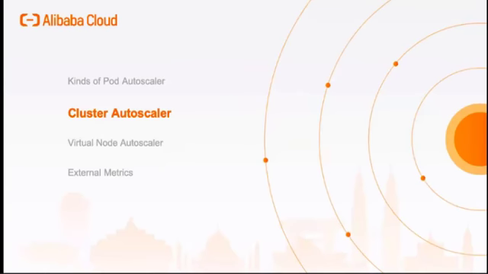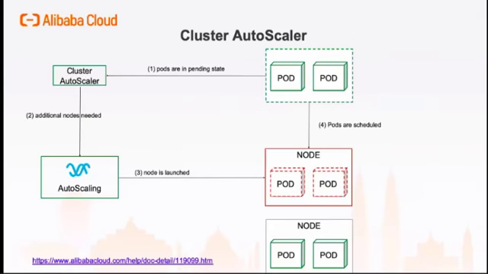Next, let's see what a cluster AutoScaler is. The cluster AutoScaler means if we have pods in pending state, that will trigger the cluster AutoScaler component. The cluster AutoScaler will add new nodes through AutoScaling, which is an Alibaba Cloud service, and the new node will be launched.